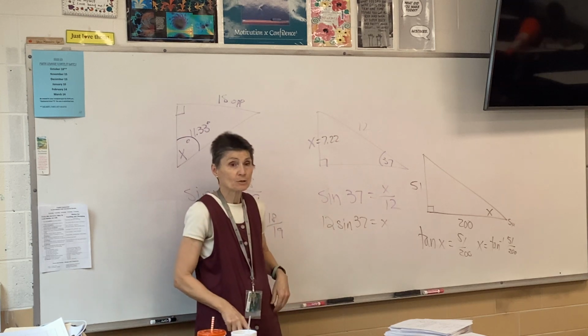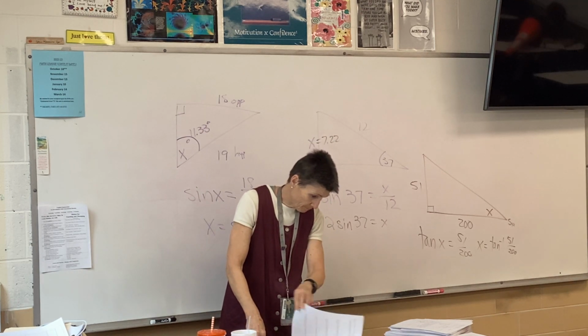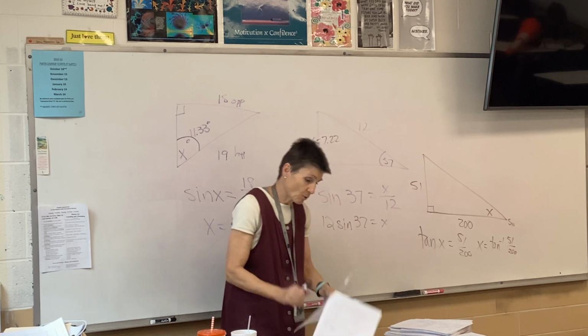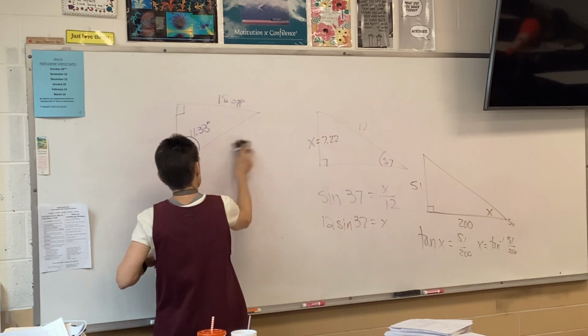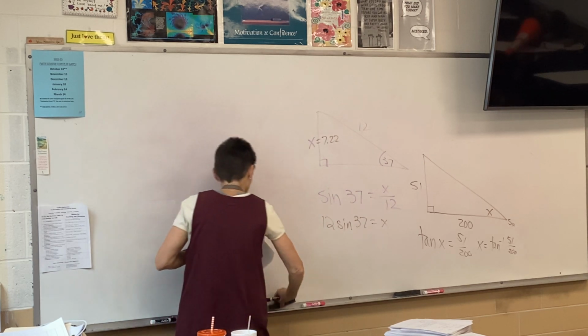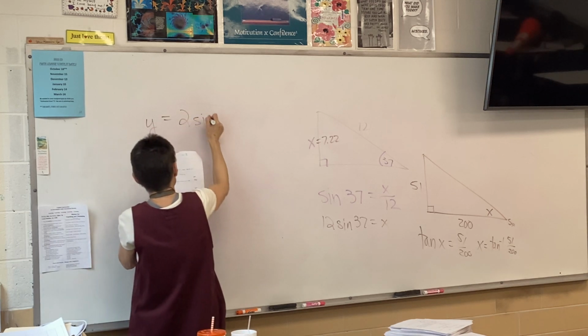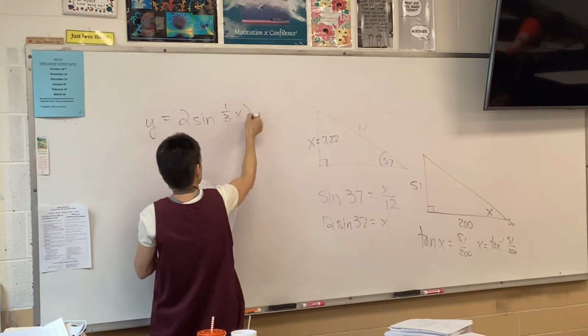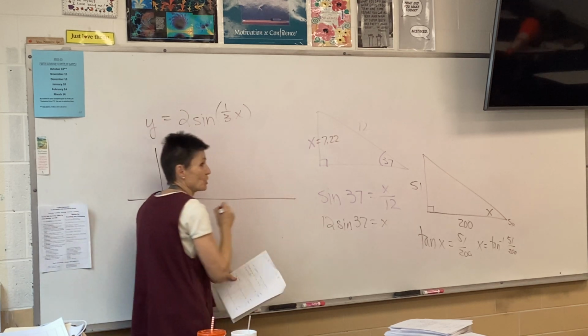All right, let's do one more, Jacob. 7A. 7A is a graph. This one is a sine. So remember, the first thing you should do, I think, it's up to you, it's your test, but I think the first thing you should do is draw the shape.